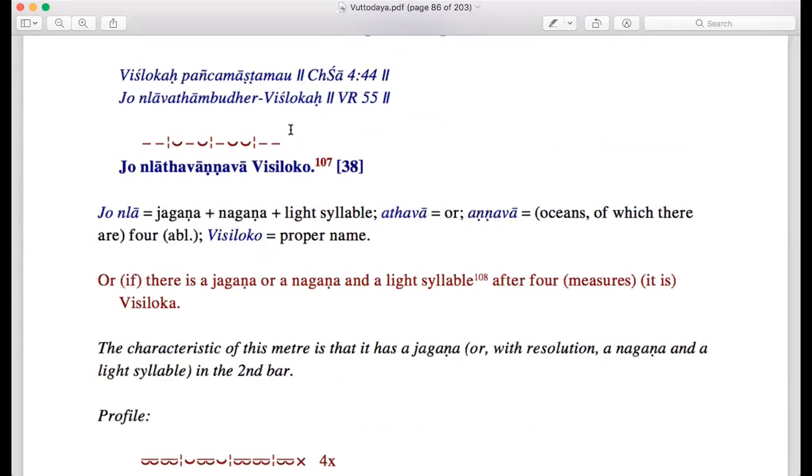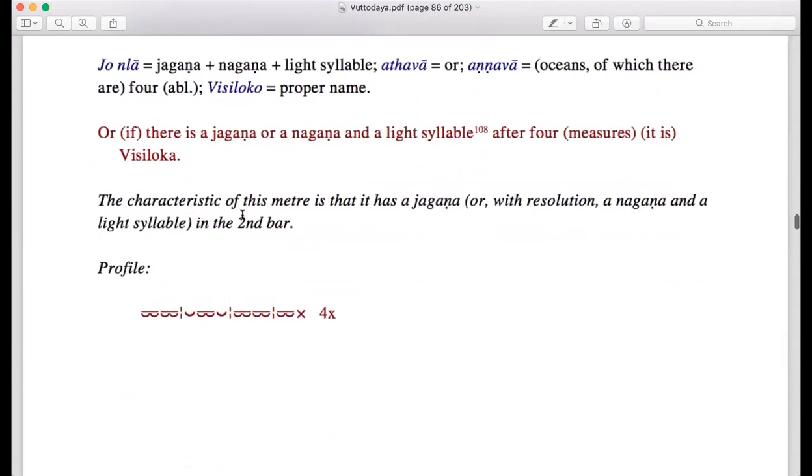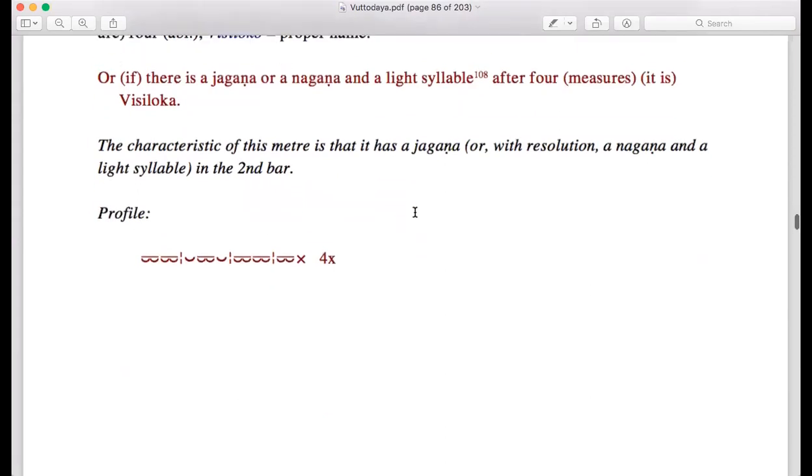Okay. So I have to say something about that question. It's good that you asked it. Bhante Anand Jyoti considers Nagana here as having 3 syllables. The characteristic of this measure is that it has a Jagana or, with resolution, a Nagana and a light syllable in the second bar.